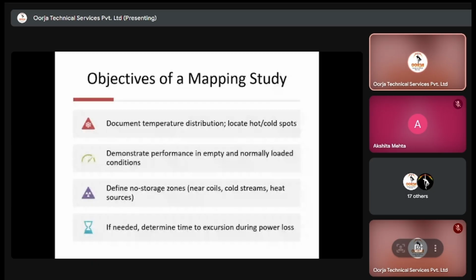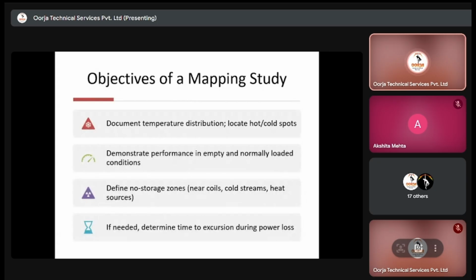These are basically extreme conditions: any particular location which is showing the highest temperature average is called a hot spot, and any particular location which is showing the minimum temperature is denoted as a cold spot.